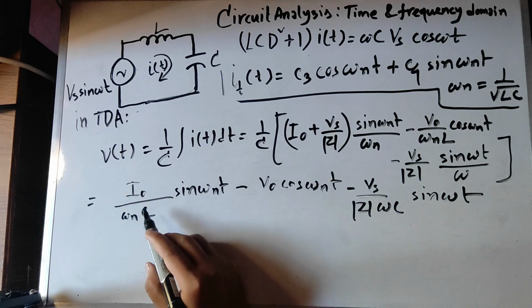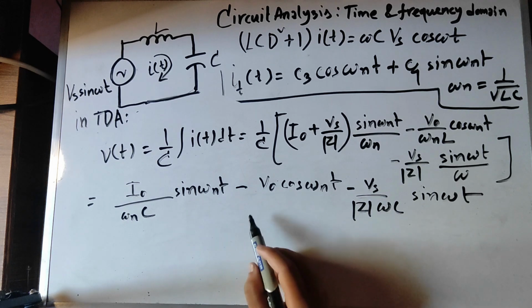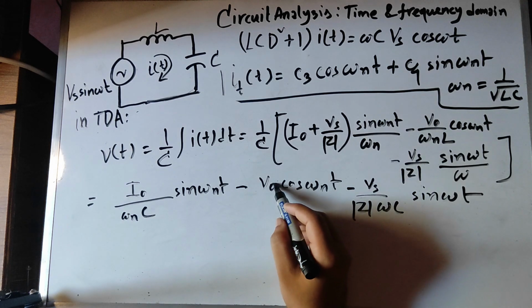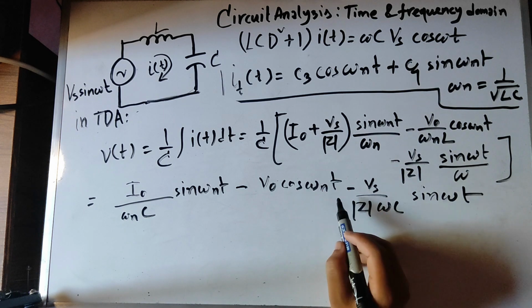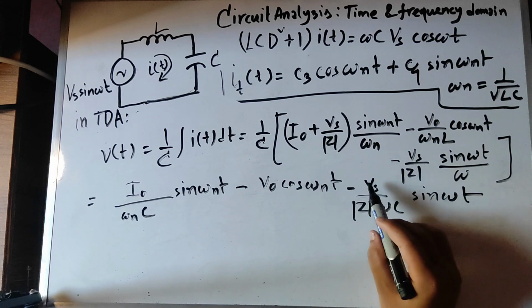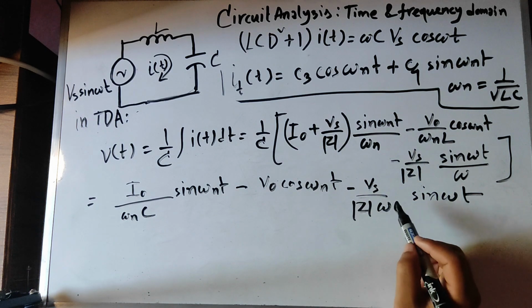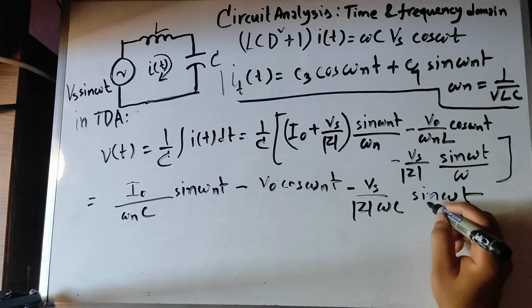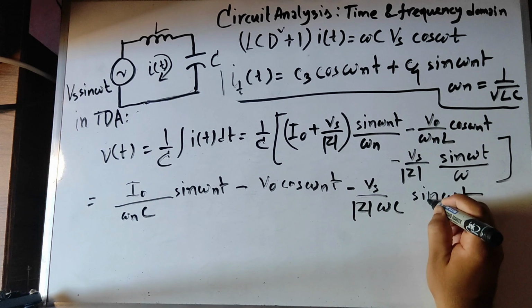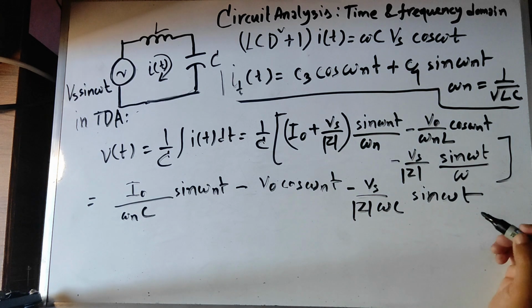The response is initial current by omega n C sine omega n t, minus V0, the initial voltage across the capacitor, cos omega n t, minus the input voltage magnitude by impedance, across omega C, into sine omega t.